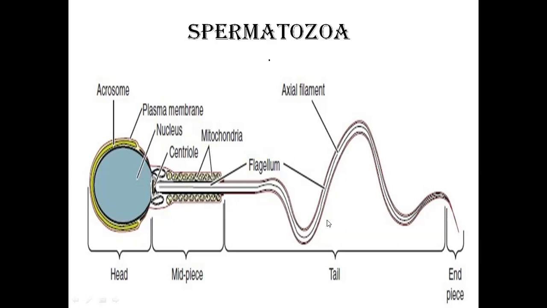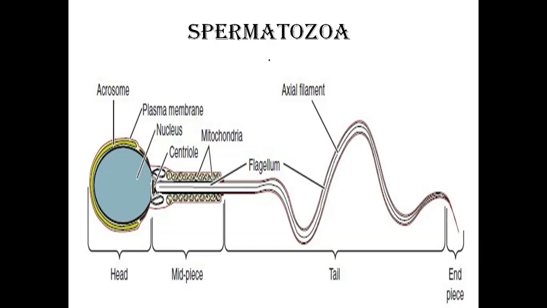And coming to the tail piece, we see that the ATP is stored in the mitochondria, and there is a long tail, which is actually a pair of contractile microtubules. This axial filament is nothing but a pair of contractile microtubules, and by catalysis of ATP there is a sliding movement between the microtubules, and this sliding movement imparts flagellar motion to the spermatozoa.